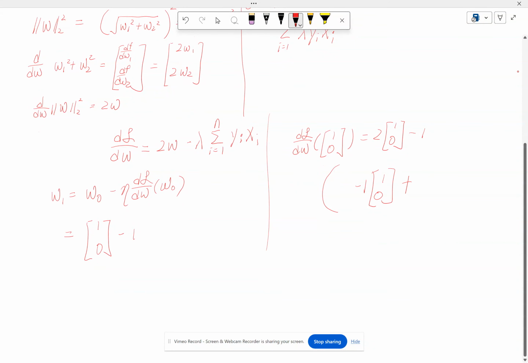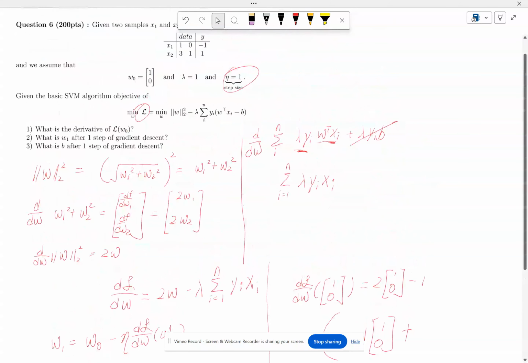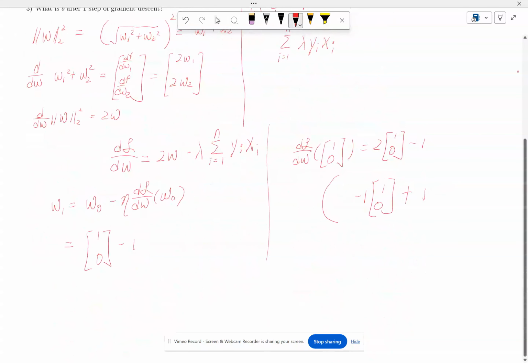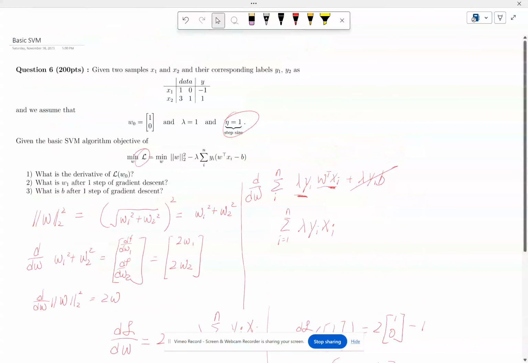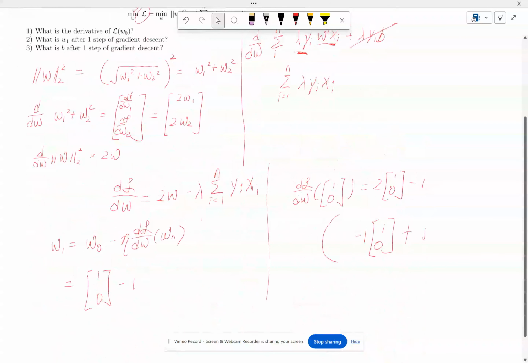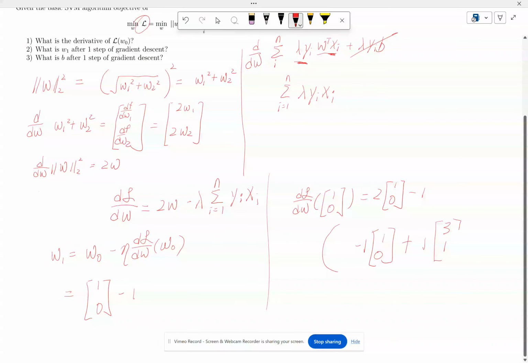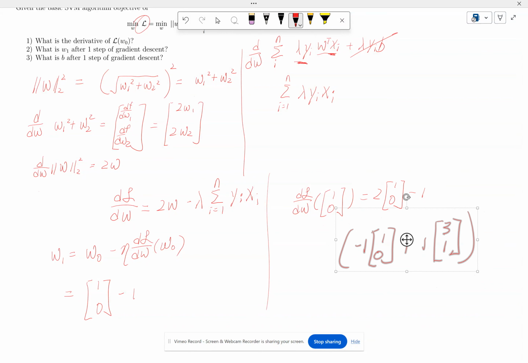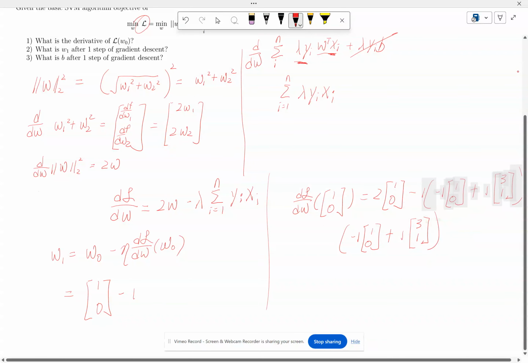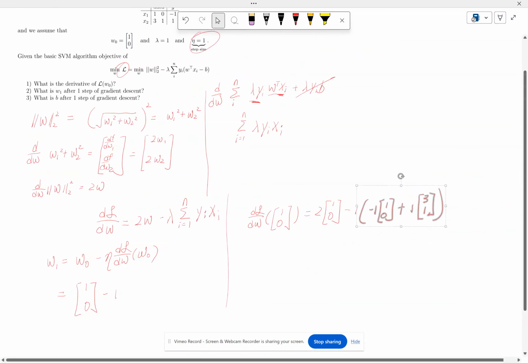And then we add that to y2, which is 1 times x2, which is 3, 1. Let me write this a bit smaller so it goes right here. Yeah, let me write it even smaller.